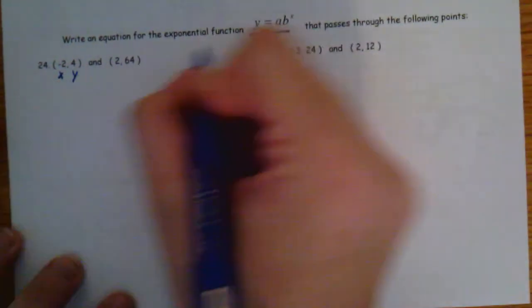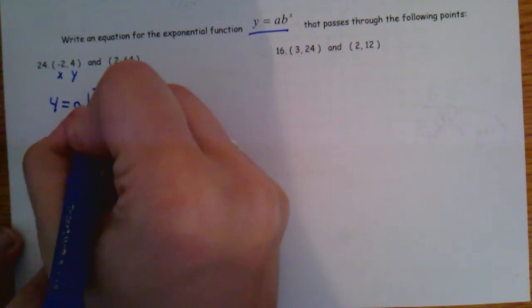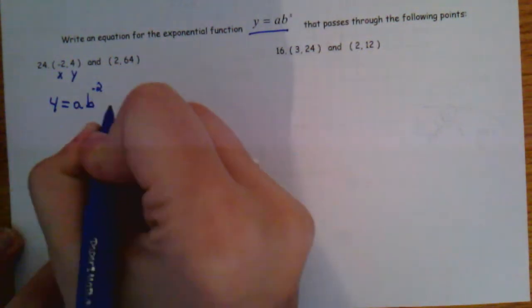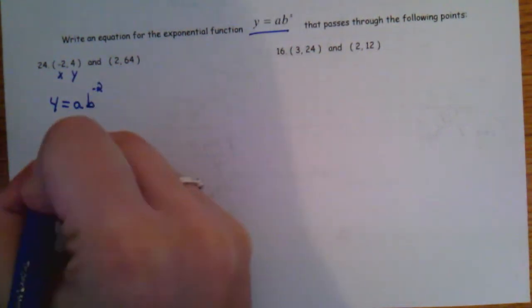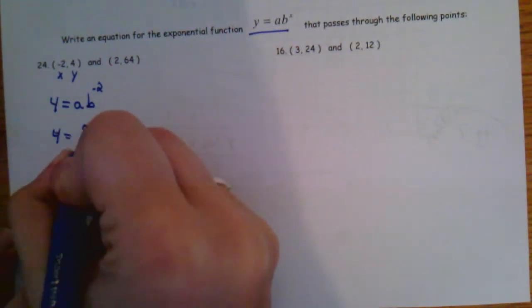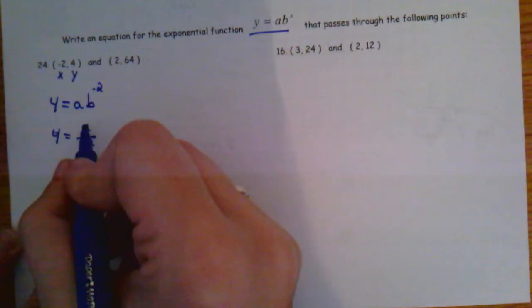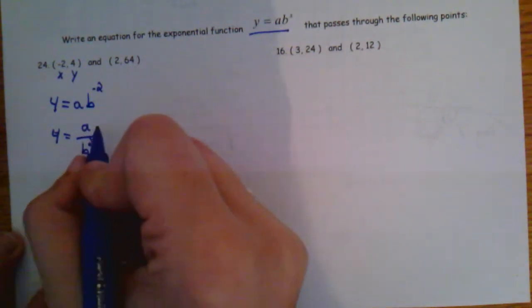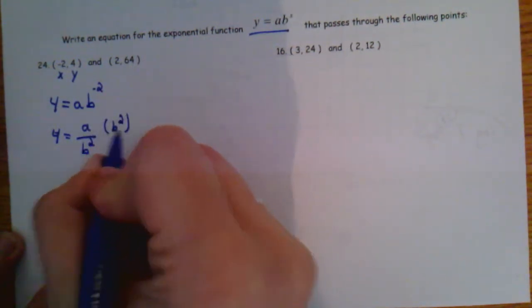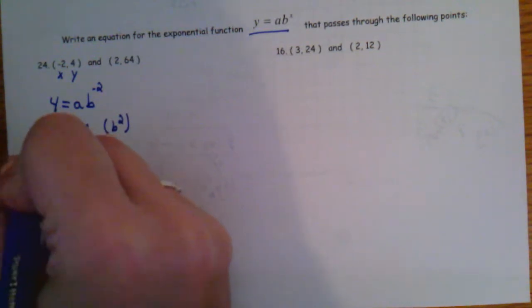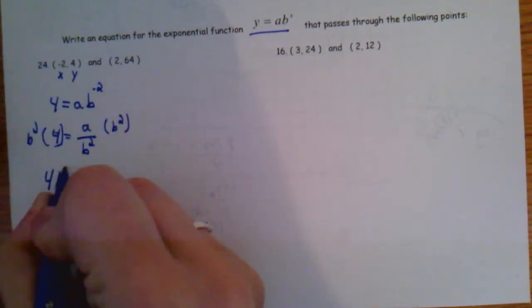Set up your equation, plug in your y, that's going to become 4 equals a b to the negative 2. Remember that negative 2 represents that it's really going to be on the denominator, so I have a over b squared. If I solve that one for a, that means I have to multiply both sides by b squared. And I ultimately get 4b squared equals a.